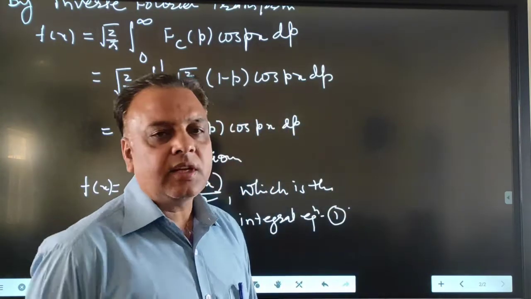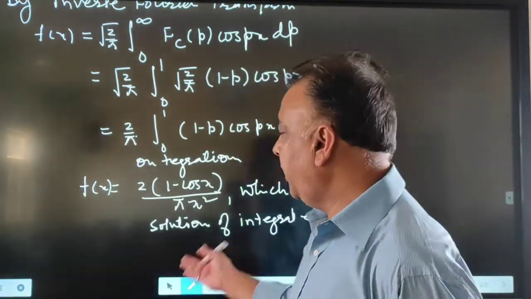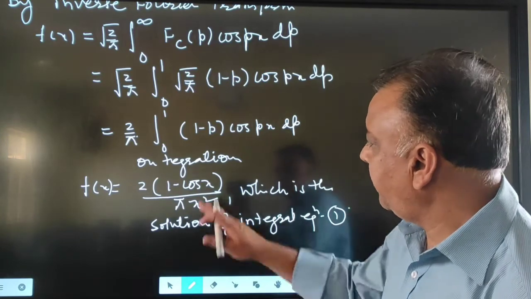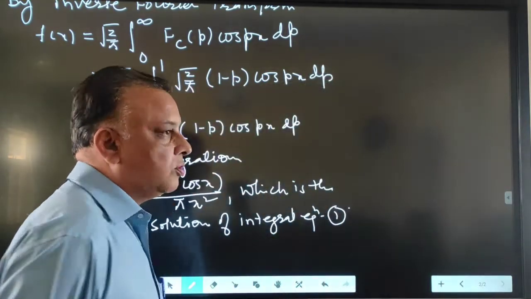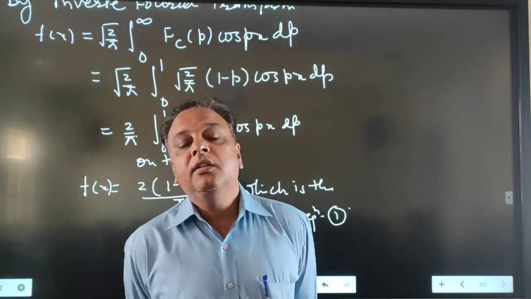So our first task was to find the solution of the integral equation first, and we have found that the solution of the integral equation is f(x), and this f(x) is equal to 2 into (1 minus cos x) upon pi x square.